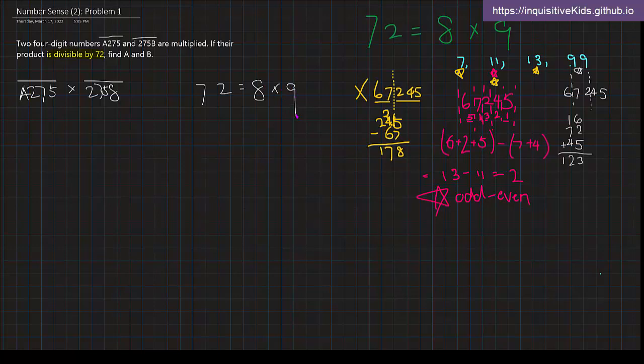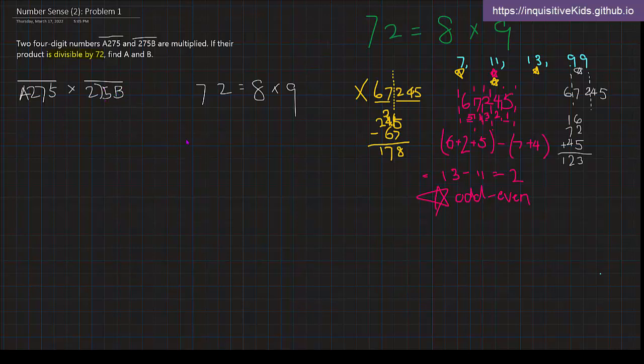So we just need to make sure that one of these is a multiple of 8 and one of these is a multiple of 9, or maybe one is just already a multiple of 72 themselves.